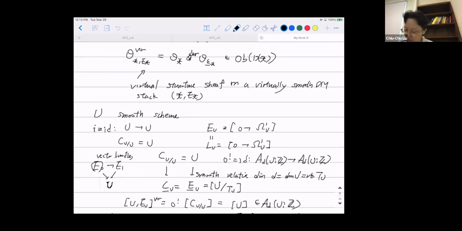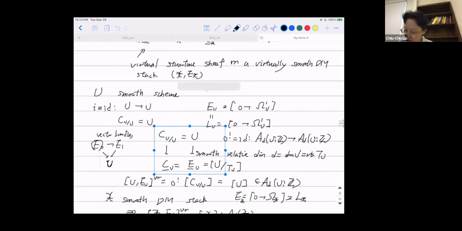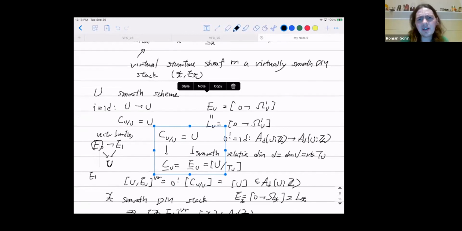So you can think the fiber of E0 acts on the fiber of E1, and you just quotient that. So is it an object of the derived category?